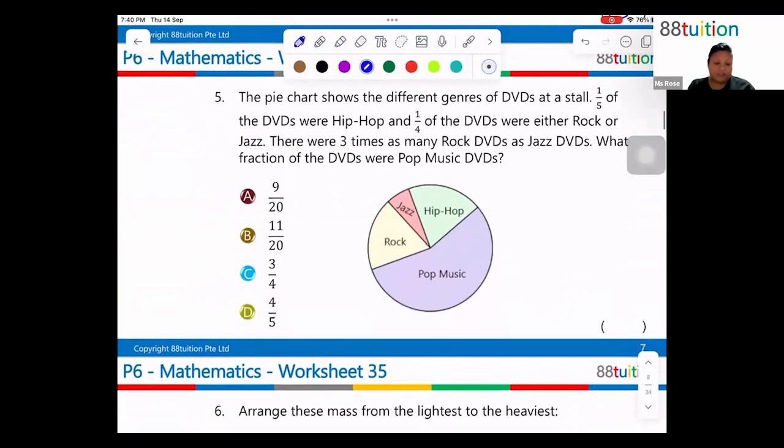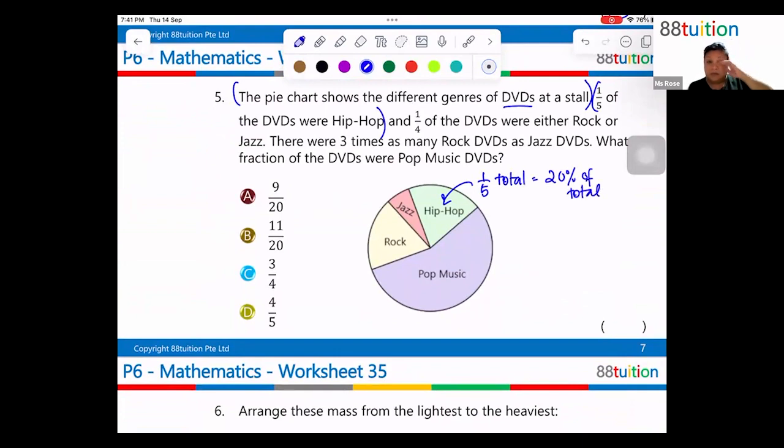Okay, question number 5. In question 5, the pie chart shows the different genres of DVDs at a store. 1 out of 5 of the DVDs were hip hop. So hip hop is 1/5 of total, which is also the same as 20% of total.